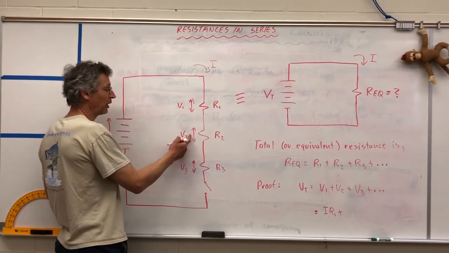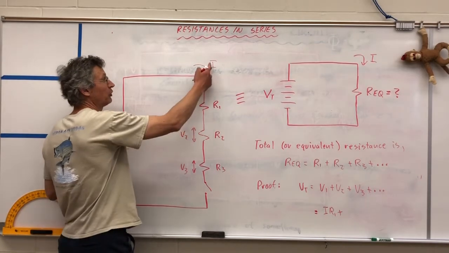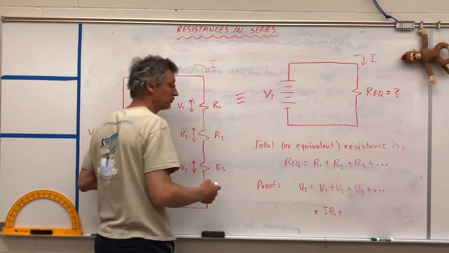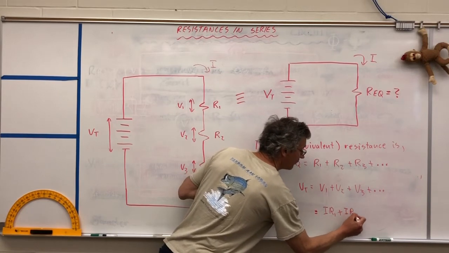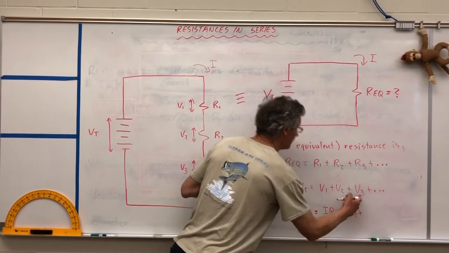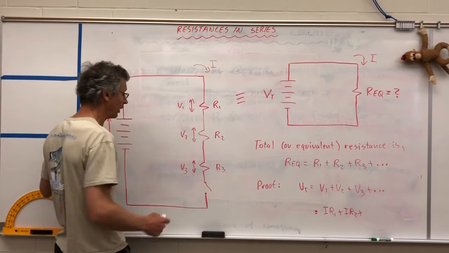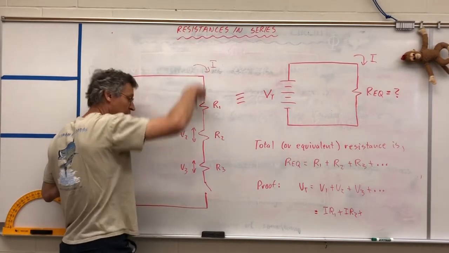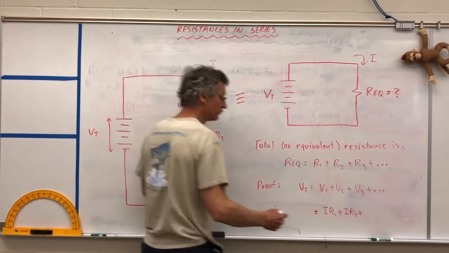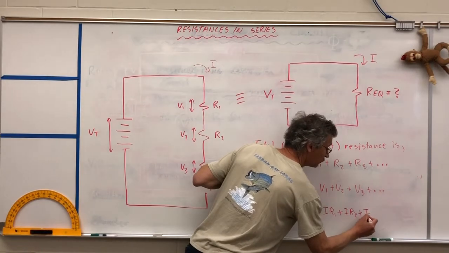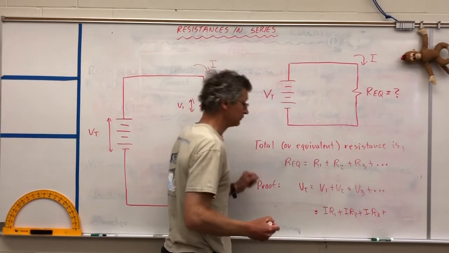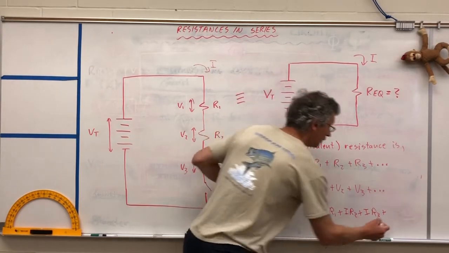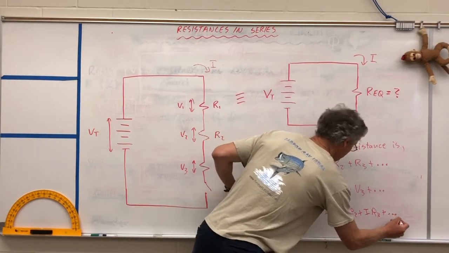The voltage drop across the resistor is equal to the current through it times the resistance itself. You know, Ohm's law, V is equal to I times R. And you can do the same thing for V3. The voltage drop across the resistor is equal to the current through it times the resistance itself. And so on and so forth. If there were 100 resistances in the circuit, you could do this 100 times.